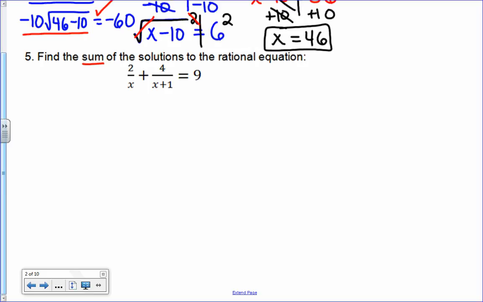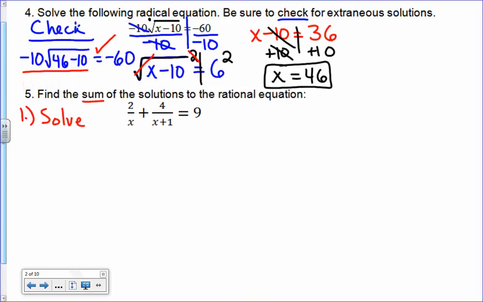So the first thing we have to do is solve. The second thing we have to do is add our solutions. Now you might want to pause it for a second and write that down.